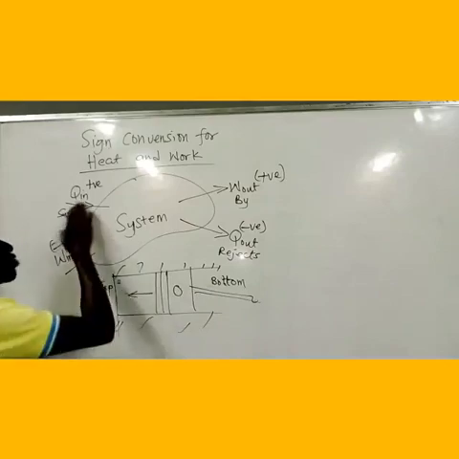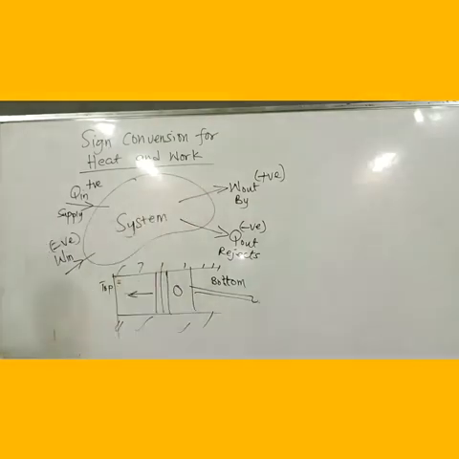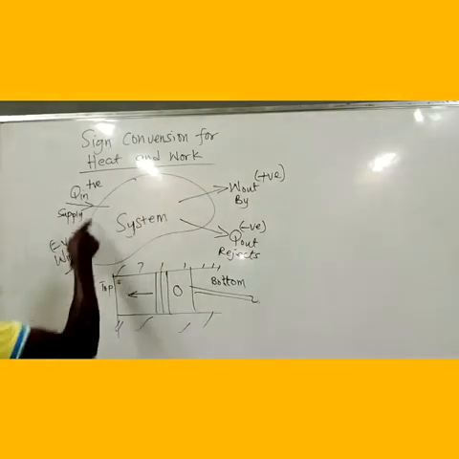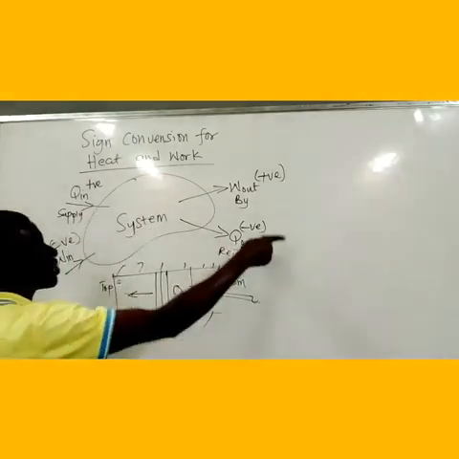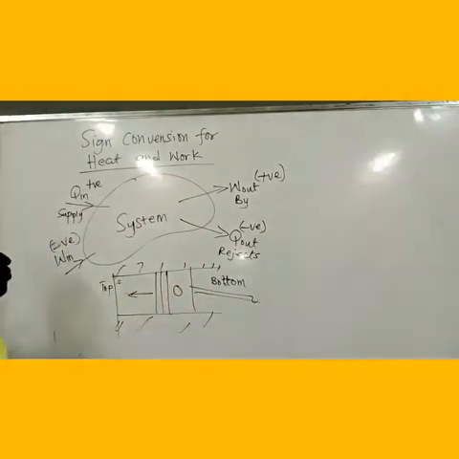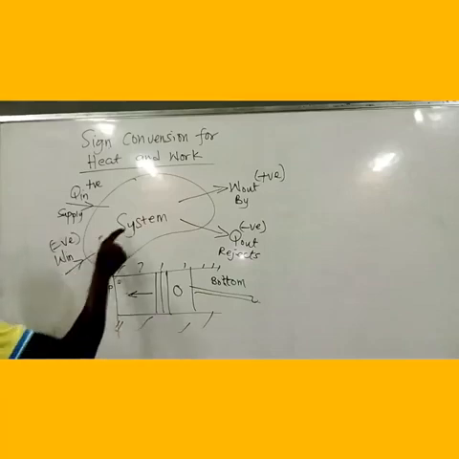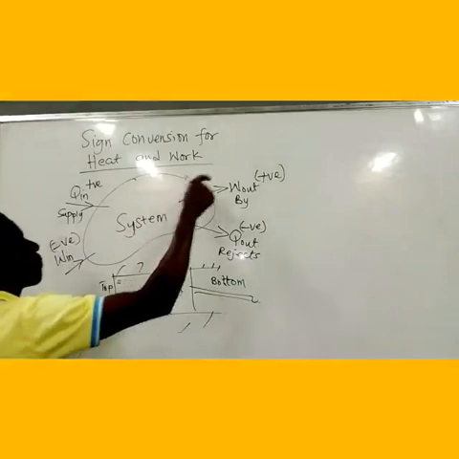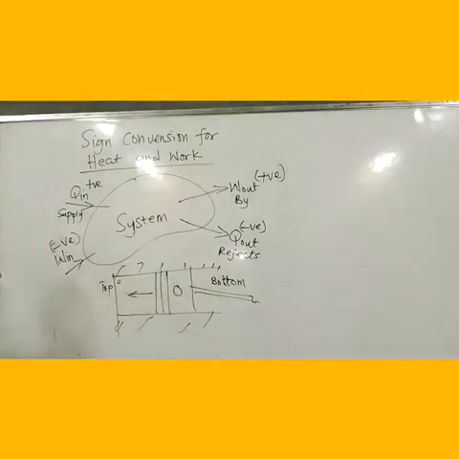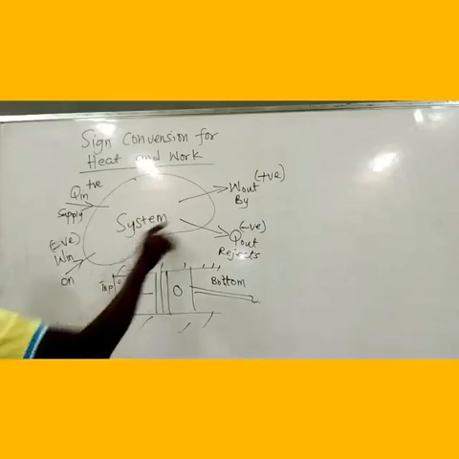We supply heat to the system for the system to do work. That's the main motive. So heat supplied to the system is positive. Heat rejected by the system is negative. Work done on the system is negative, and work done by the system is positive. So work done on, and this work done by.